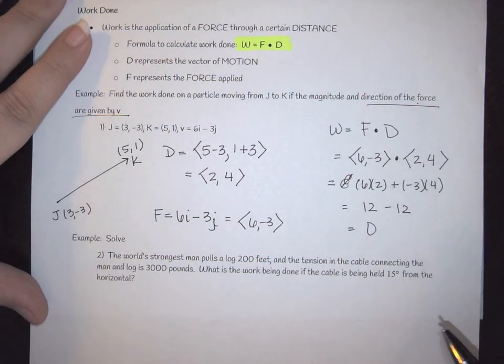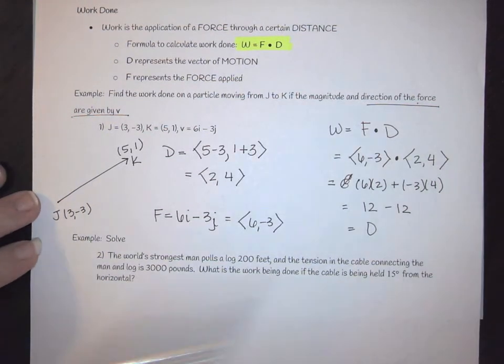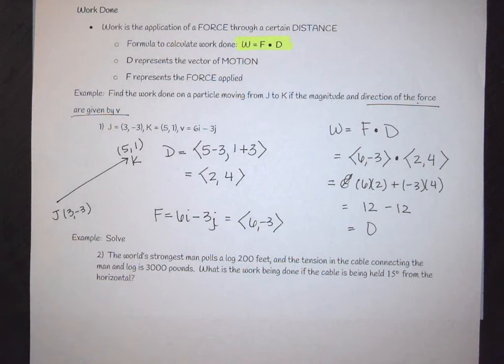So for this first one, the work being done on the particle as it glides from -3, 3 up to 5, 1 is actually going to be 0.